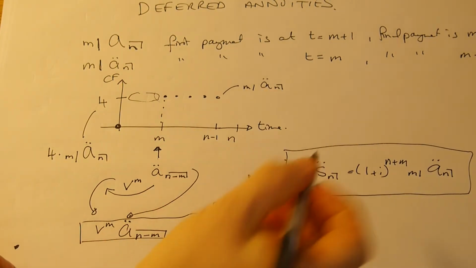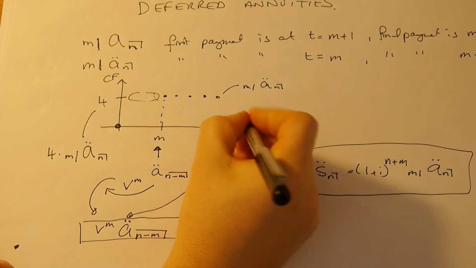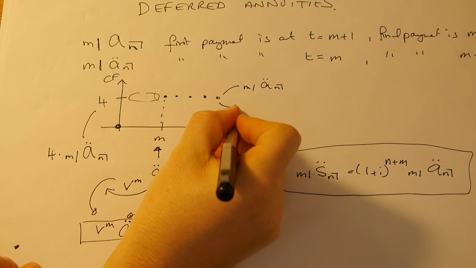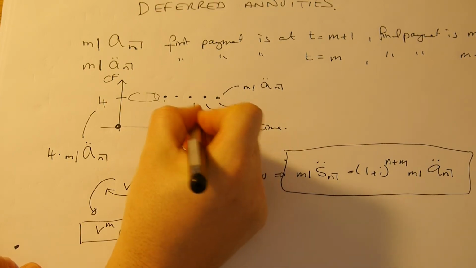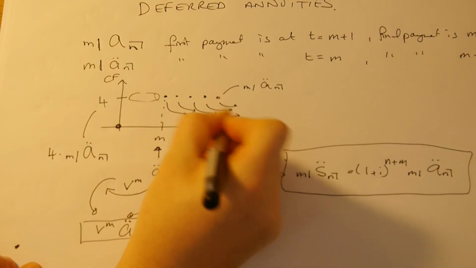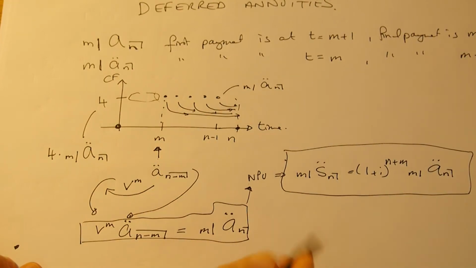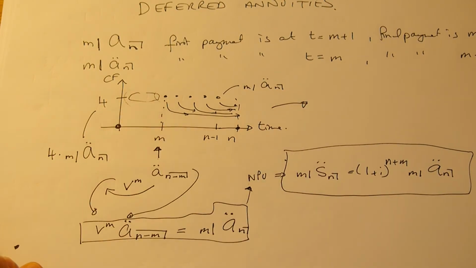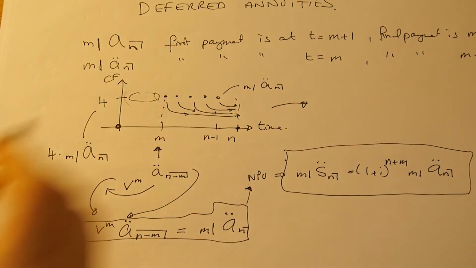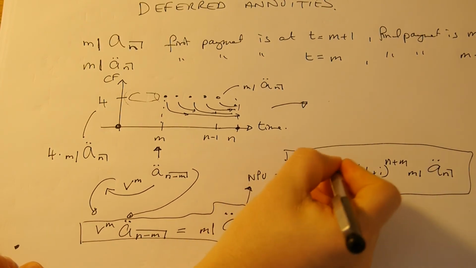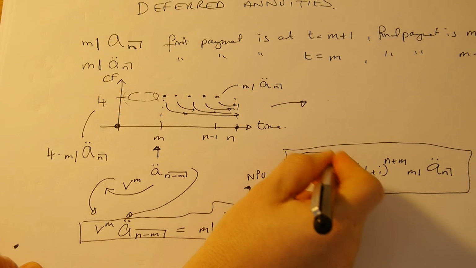Of course, there is another way we could calculate the accumulated value at time n on this. We could just straight accumulate each of these payments all the way to this point here, to point n. Got to be a little bit careful because we can't just use n. So this thing here is the deferred annuity.